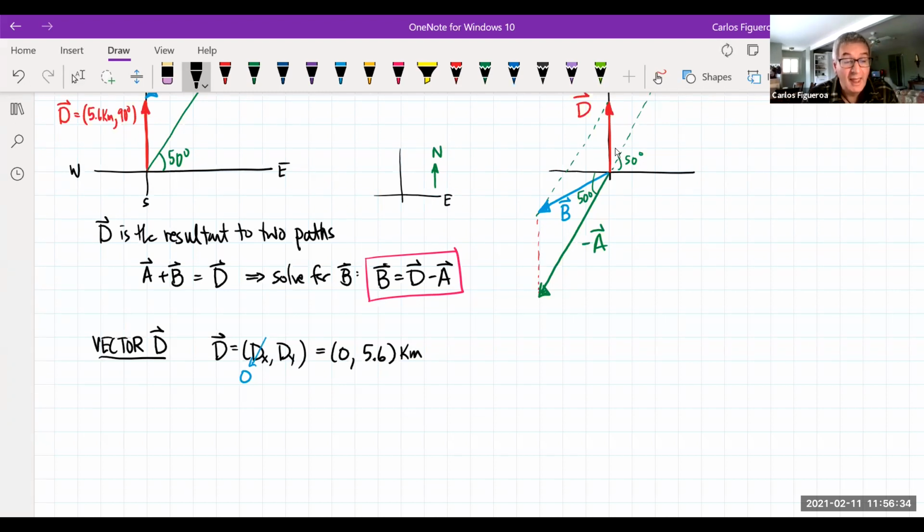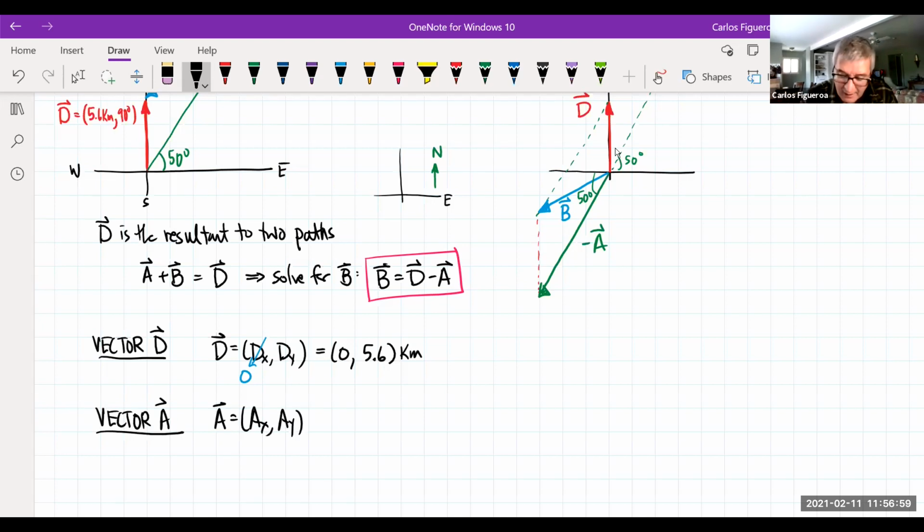Let's look at the vector minus A. Remember what I'm doing: I could start with the vector A, or I could deal with the vector minus A. So let's look at the vector A. I know that I need these components here.